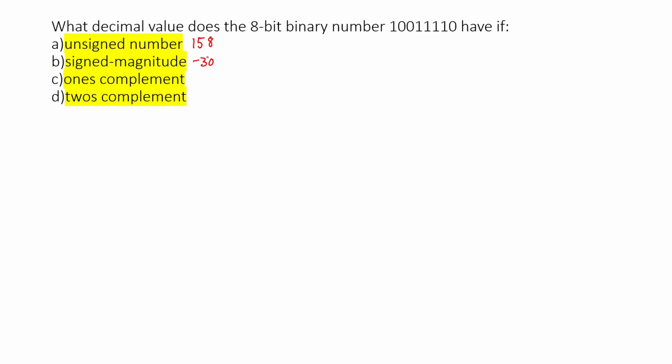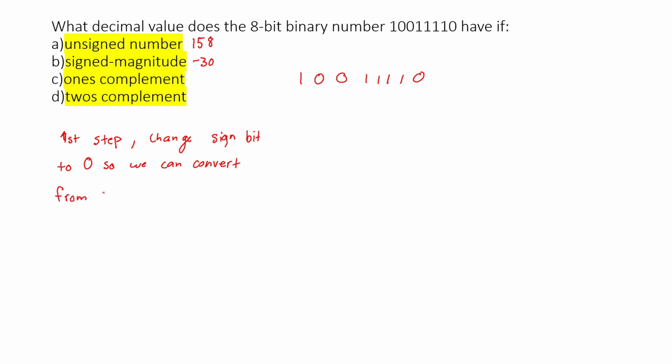Now we're going to figure out 1's complement. So what we want to do, we want to write out our binary number. And we want to change this. First step, change sign bit to 0. Since we want to convert from a negative number to a positive number.